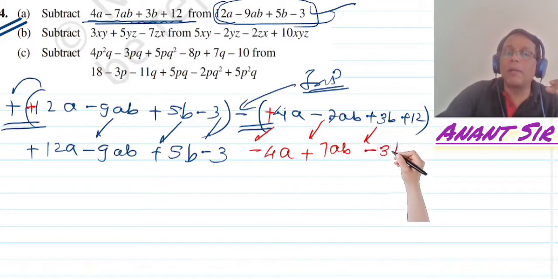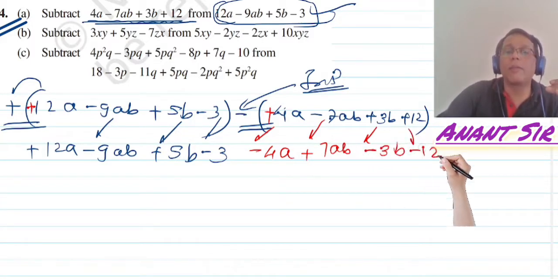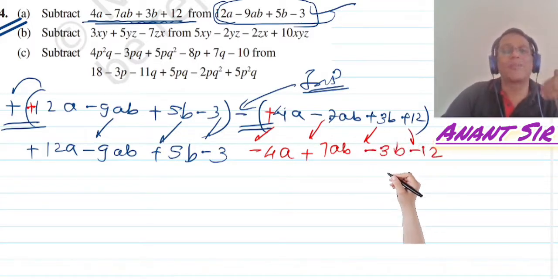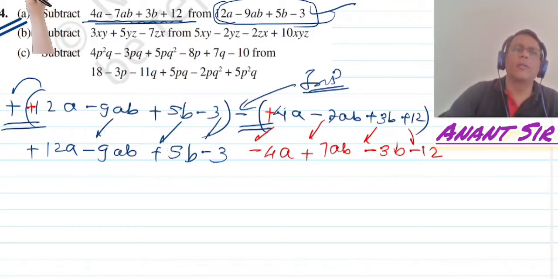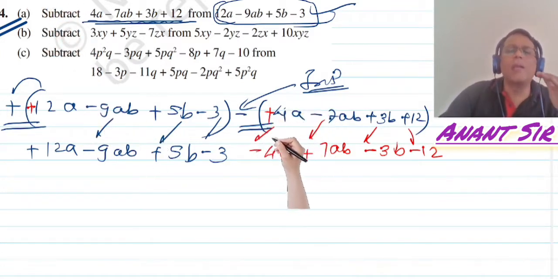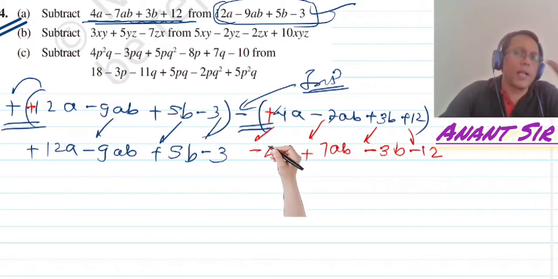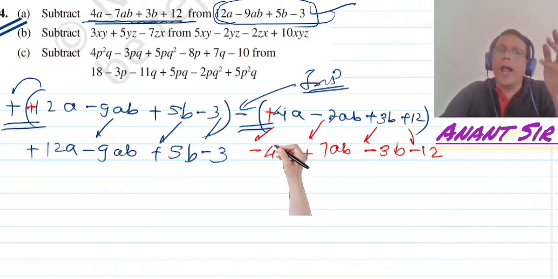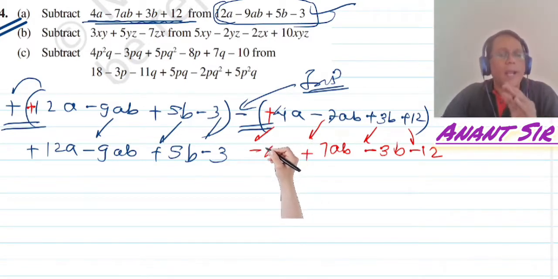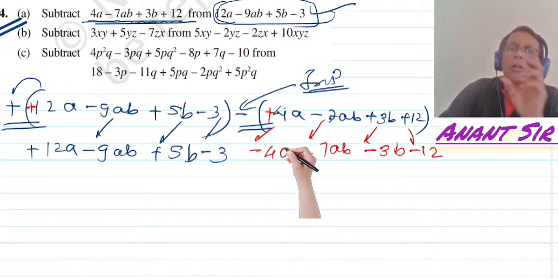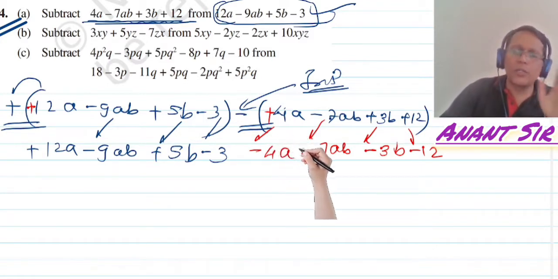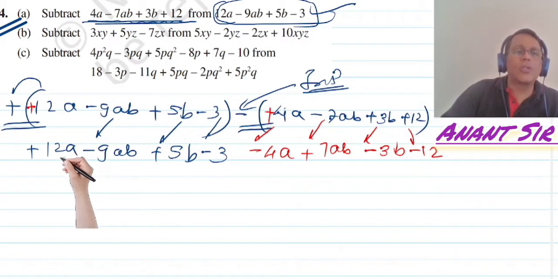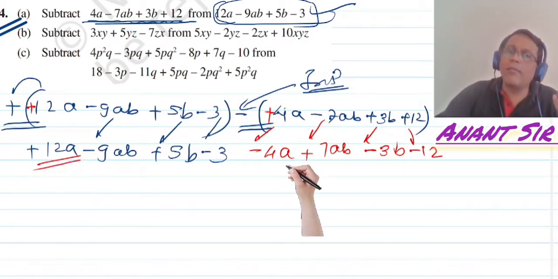Plus 3b will become minus 3b, and plus 12 will become minus 12. This is the only important step: if there is a negative sign in front of the bracket, while removing the bracket, change the sign of all the terms inside. After that, you just look at the like terms and simplify further.